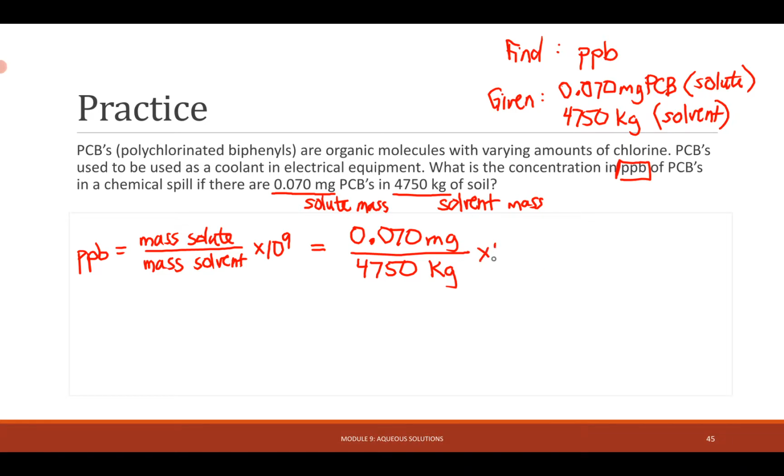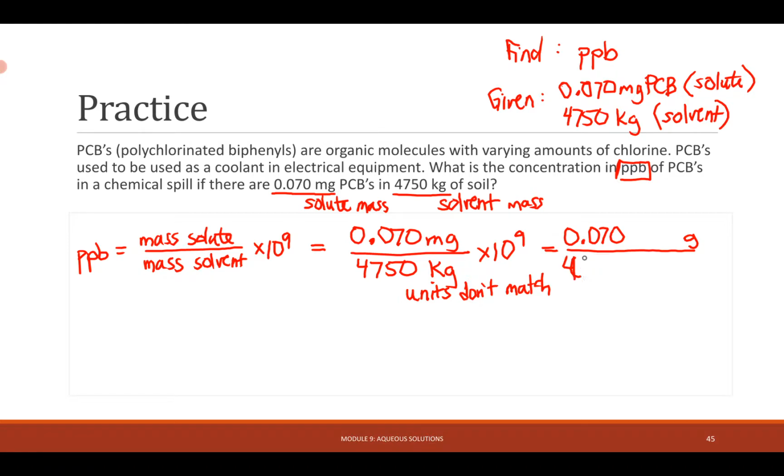But my units don't match yet, so I have to make sure that I make my units match.